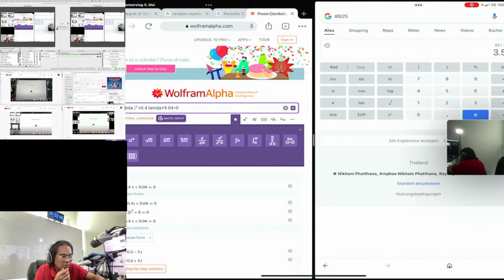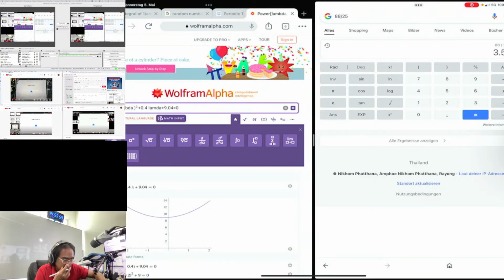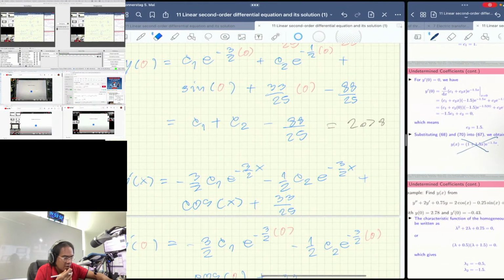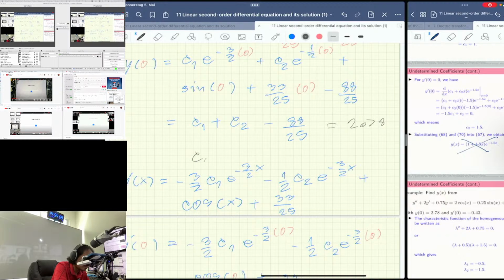It's equal to 3.52. And once you move that 3.52 to that side, it's going to be C1 plus C2 equal to 6.3.